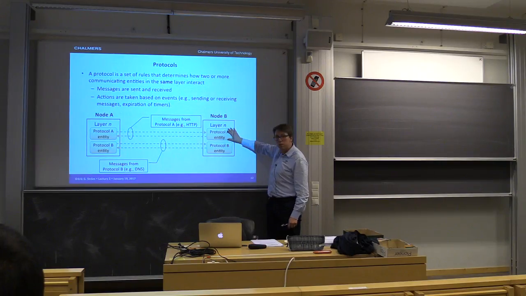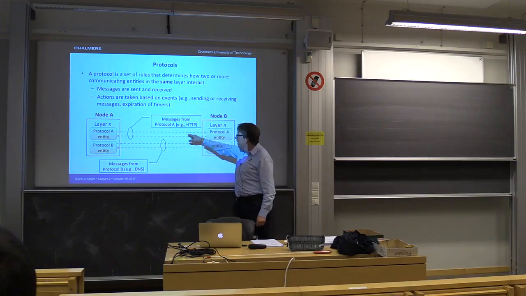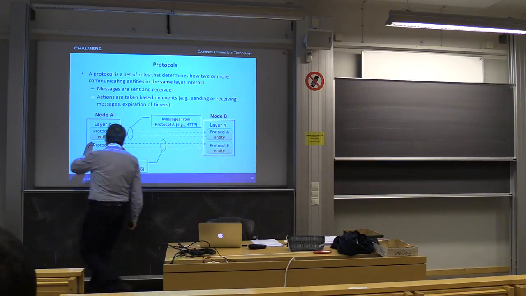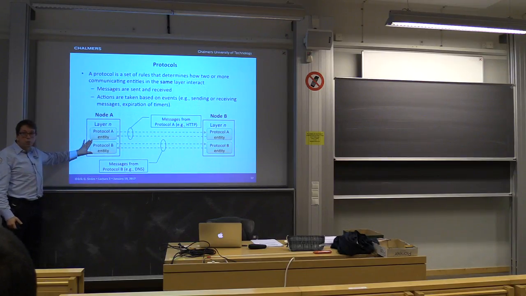And the language it speaks is defined by the protocol. So the messages that go back and forth between these two computer programs or computer processes are defined by the protocol. And that could be HTTP, for instance, or DNS or something like that. In the same layer, there might very well be another protocol, protocol B, which is talking to protocol B, maybe at the same node or at some other node.